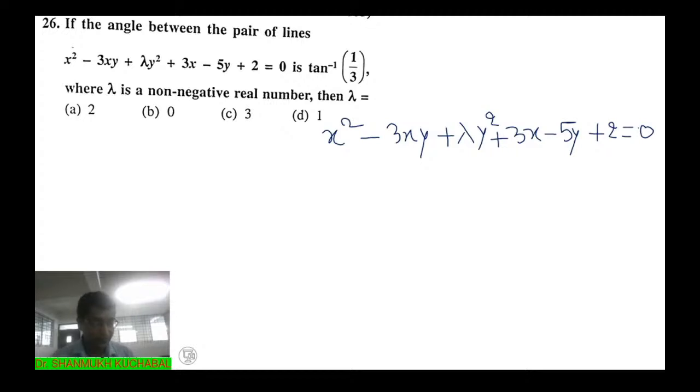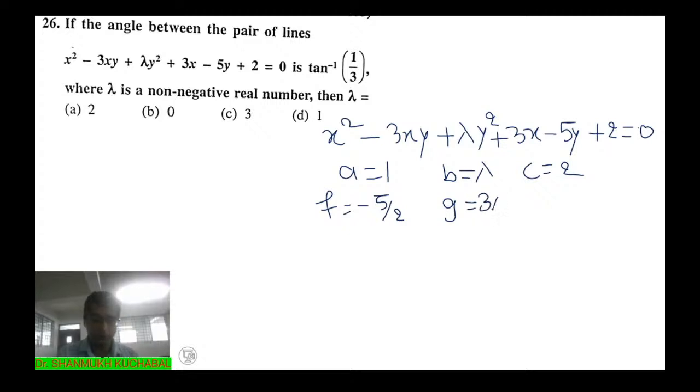Further, comparing with the standard equation, we'll write a, b, c and f, g, h values. So we get a equal to 1, b equal to lambda, c equal to 2, f equal to minus 5 by 2, g equal to 3 by 2, h equal to minus 3 by 2.